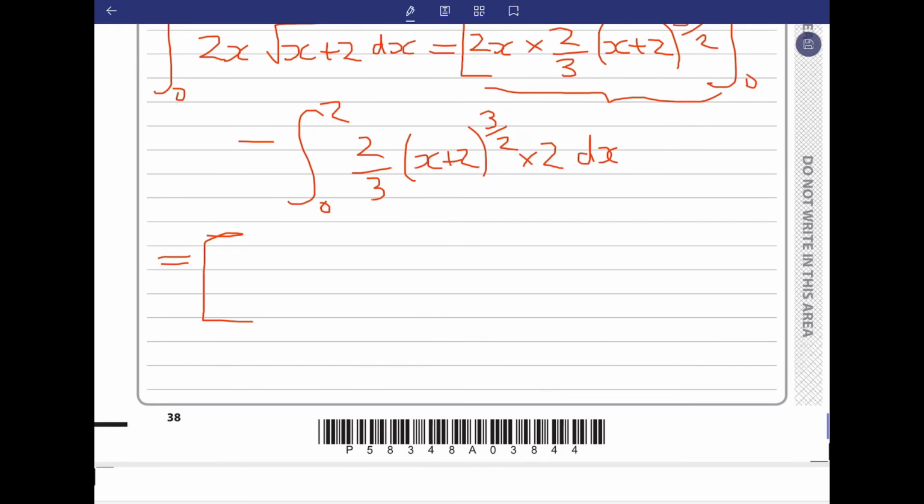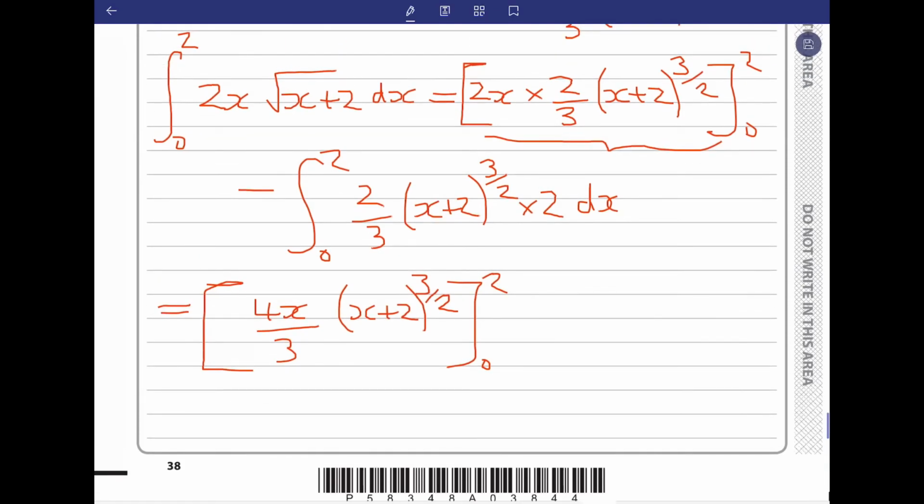So we get 4x over 3 times by x plus 2 to the 3 over 2, and that's evaluated between 0 and 2. Now to integrate this part here, we add 1 to the power to get 5 over 2, times it by the coefficient of x in the brackets, which is 1, and we then divide 4 over 3 by 5 over 2.